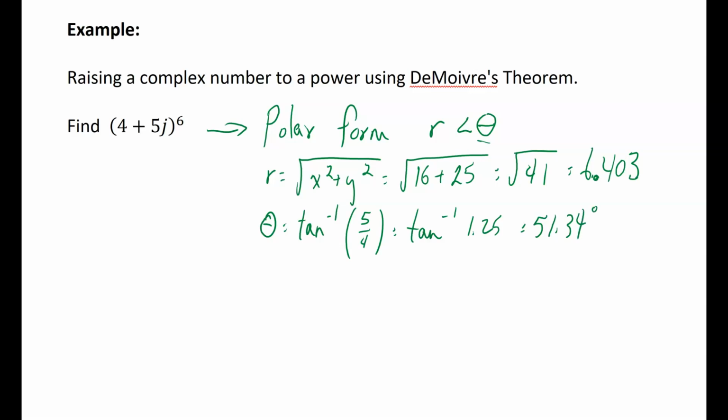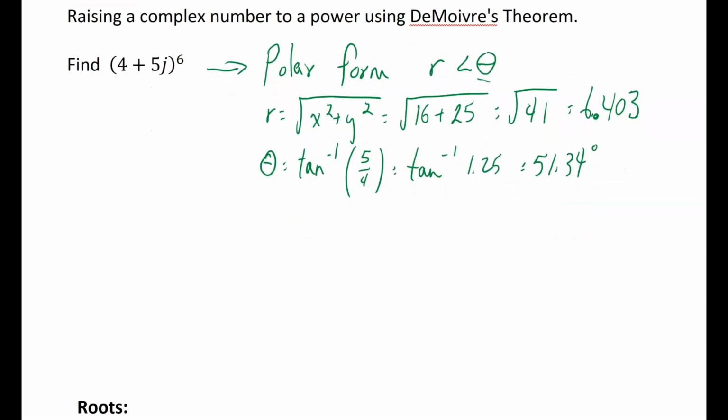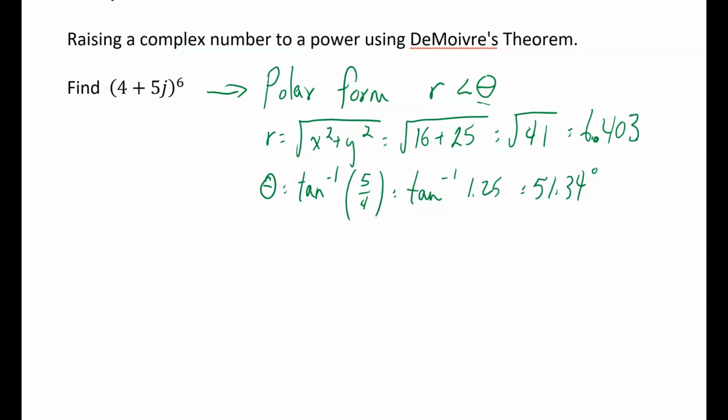Okay, so that means in order to do 4 plus 5j to the power of 6, I'll put that in polar form, 6.4, let's use 6.4, at an angle of 51.34 degrees.